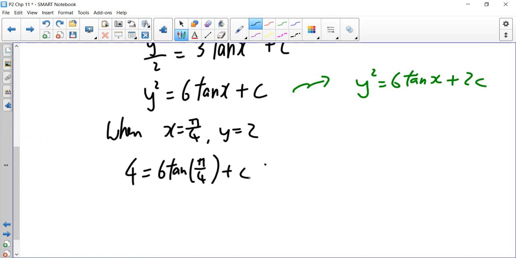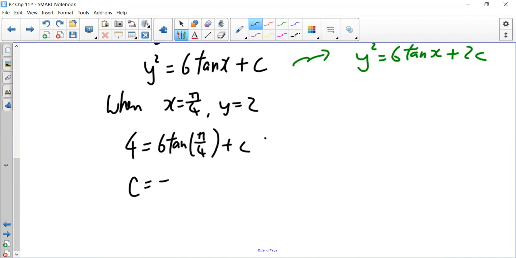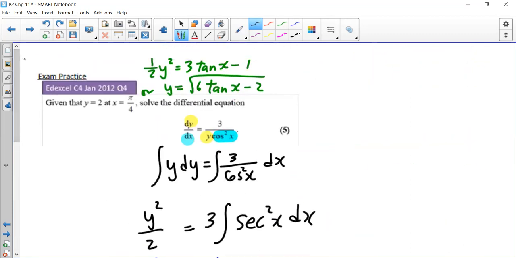Then tan pi over 4 is 1, so c will be minus 2. Therefore, your answer will be y squared equals 6 tan x minus 2, which is the same as my answer above. That's the same thing.